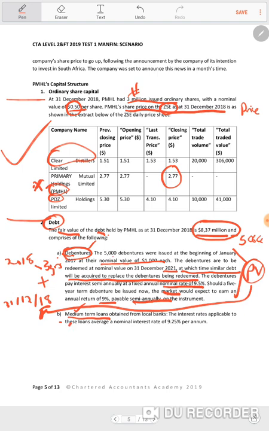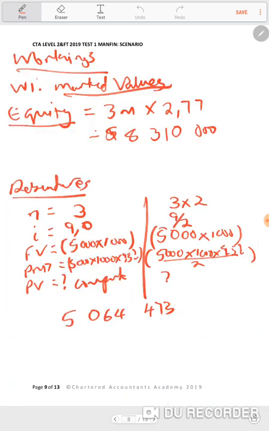So for this medium term loan, we're just going to say 8.37 minus 5.064, and obviously you have to detail it in your workings, right? So working on the medium term, we say it is 8.37 minus 5.064, and then what I got was 3.3.